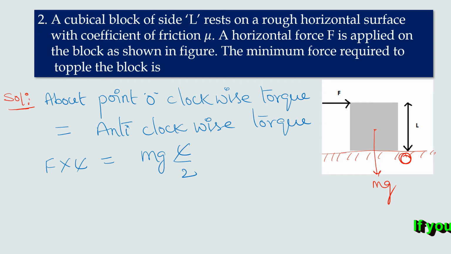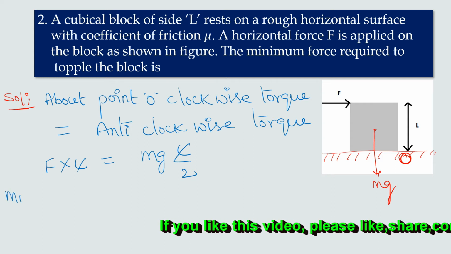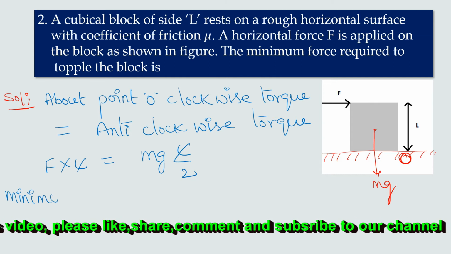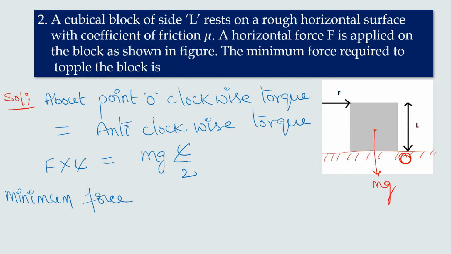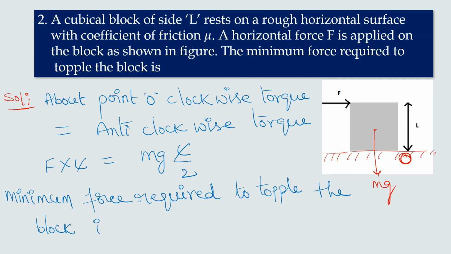L gets cancelled. Minimum force required to topple the block is, that is, F minimum is equals to mg by 2. Okay, this is the minimum force. Okay, next we will go to the next.